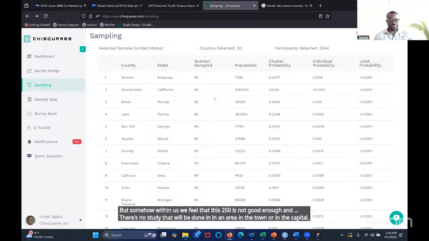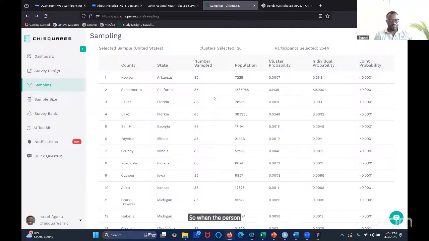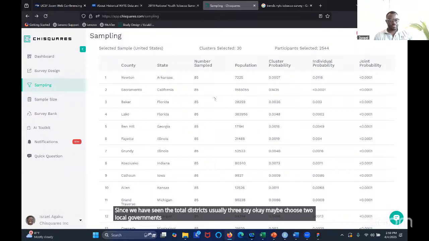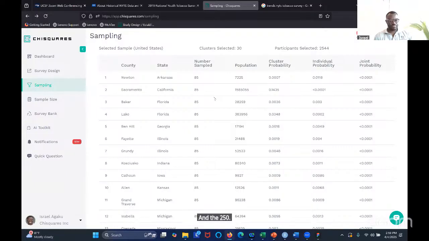So when the person asked me, I said, what I usually do in that case is to say 250 will be per local government. Since we have senatorial districts, usually 3, maybe choose 2 local governments per senatorial district, and the 250 will be per local government.